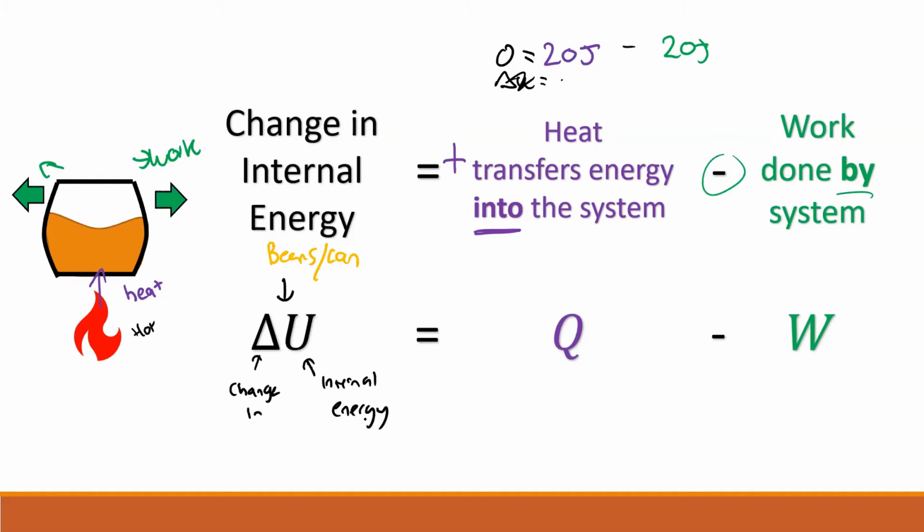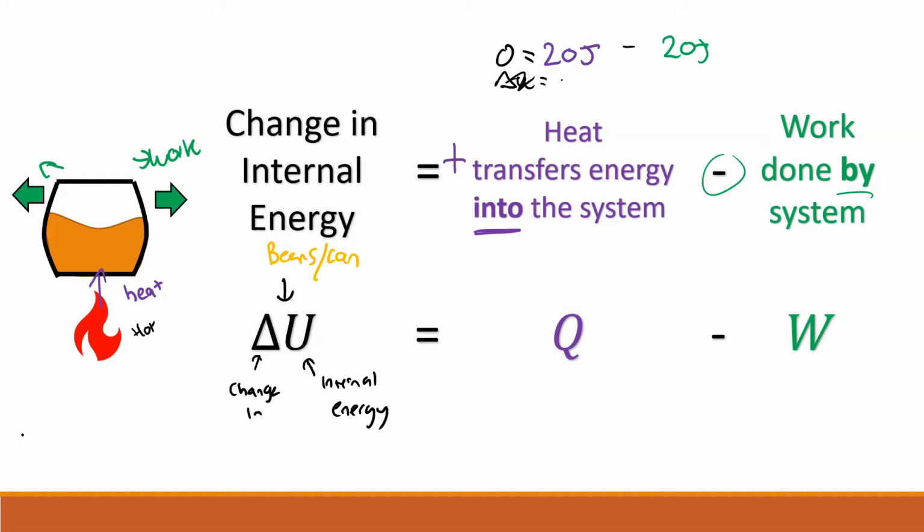Remember, we've studied internal energy. This is not a new concept. Internal energy is the amount of energy that's connected to movement. It's all the energy to do with kinetic motion, translational motion, rotational, vibrational. That's all that stuff is.